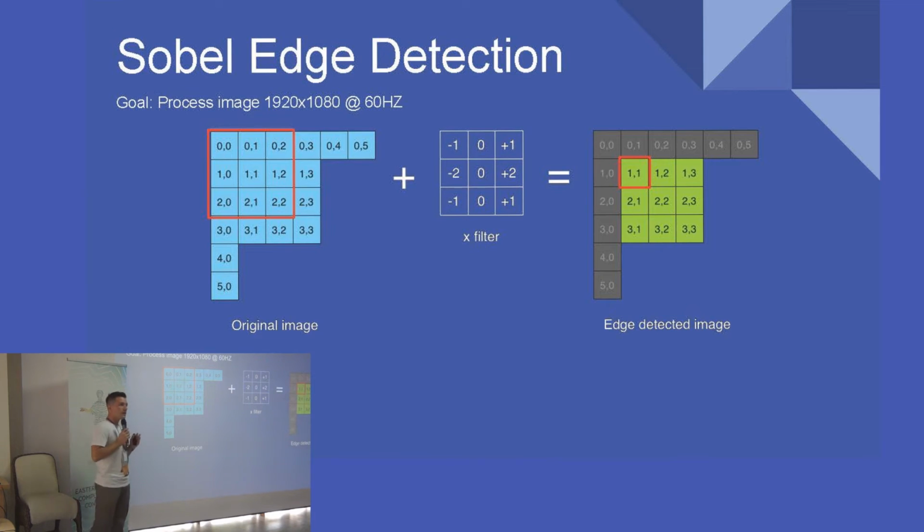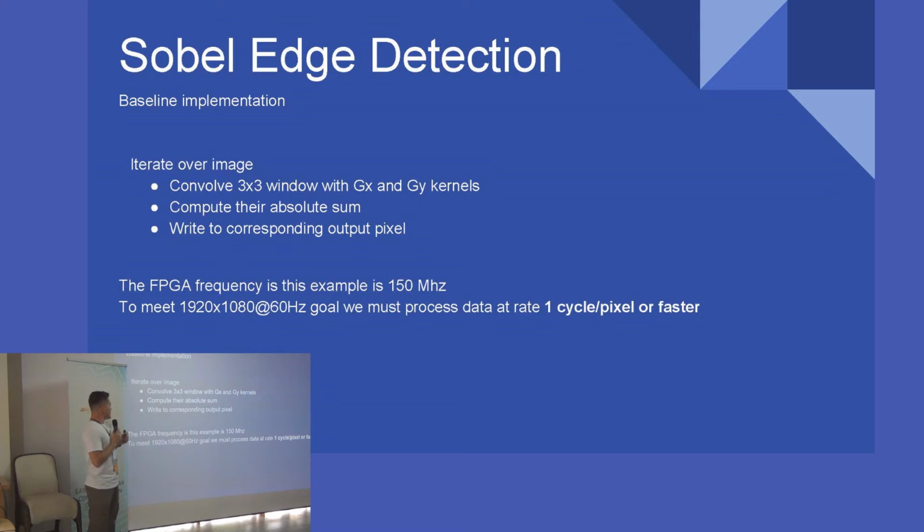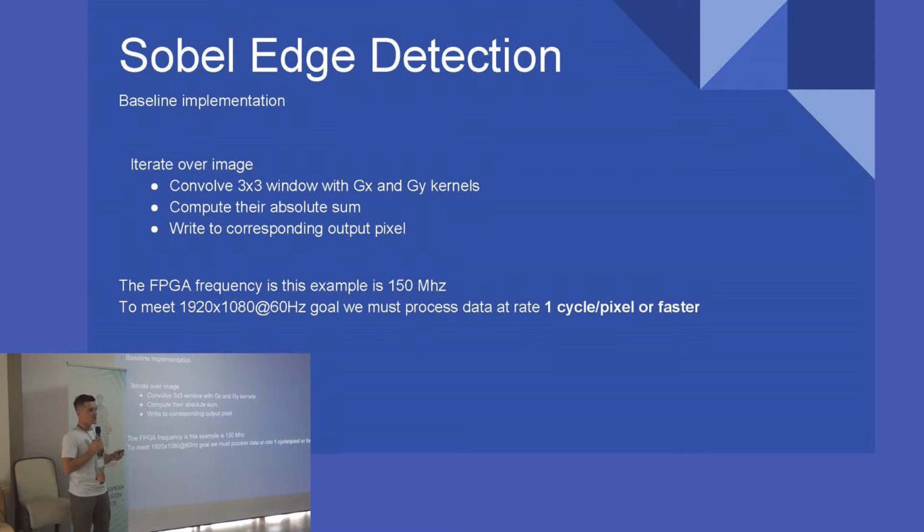In this example, I want to show you a simple optimization scenario of the Sobel operator. This is a 2D convolution with a trivial kernel. I'm pretty sure you're all familiar with it. I have an FPGA with a frequency of 150 megahertz. That's not much; modern CPUs have a frequency of 2 or 3 gigahertz.